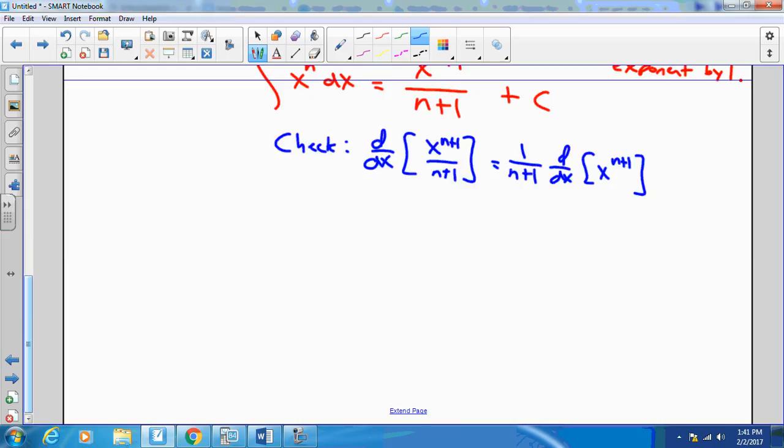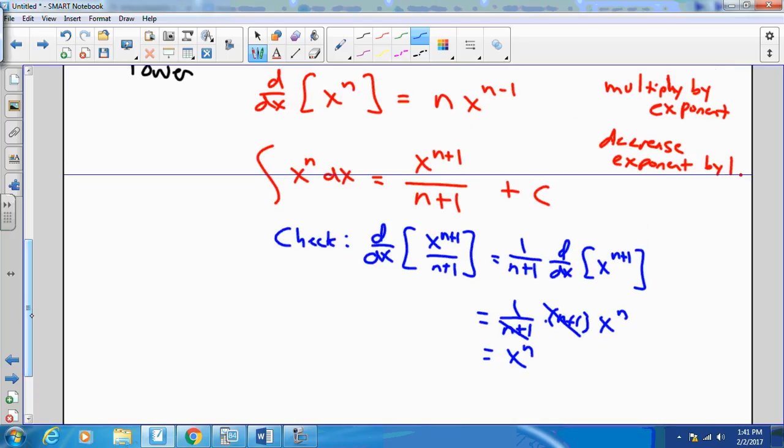And now use the power rule on this guy. 1 over n plus 1 times n plus 1, x to the n. Let's cancel. It all works. So we want to think of our power rule as add 1 to the power, divide by the new power.